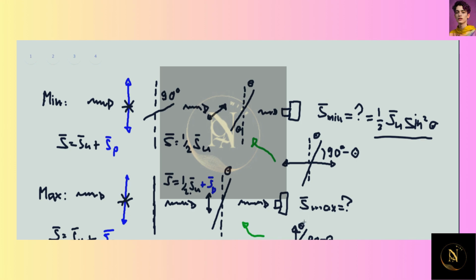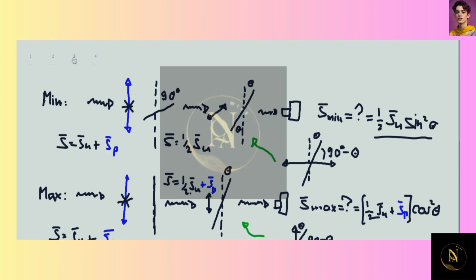So I need to project through the angle theta. And so projecting through the angle theta, I have half of S bar U plus S bar P, all multiplied by cosine squared theta. So I'm resolving this vertical polarization onto the polarization axis, which is through a degree of theta.